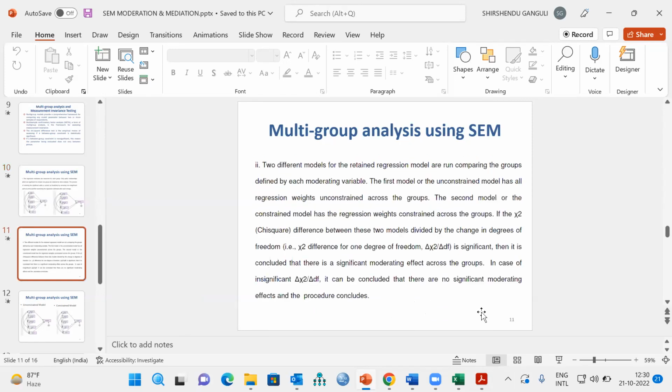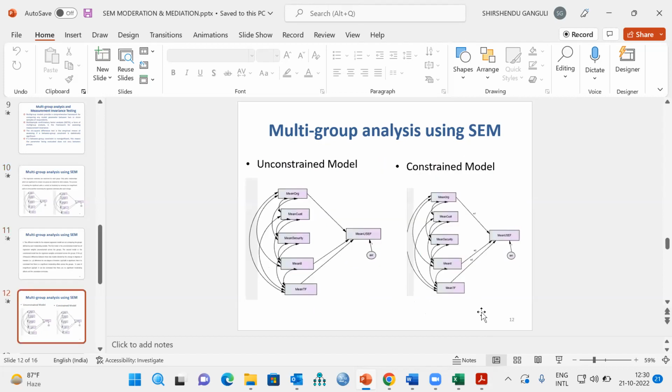Once you have done that, you compare the two models. One is an unconstrained model, and then you put a constraint on all the paths and you get a constrained model. And then you run both models. Once you run the models, do a chi-square test for the difference in chi-square for the two models divided by the difference in degrees of freedom.